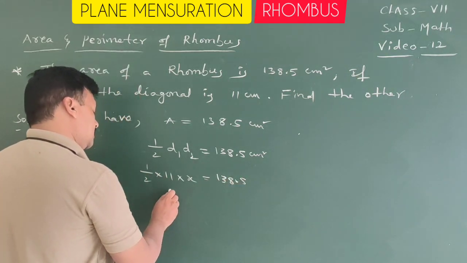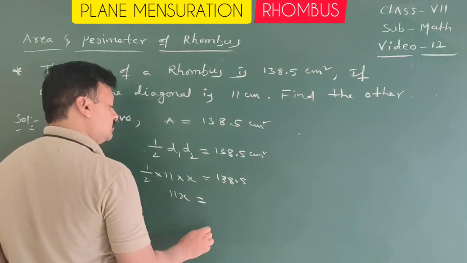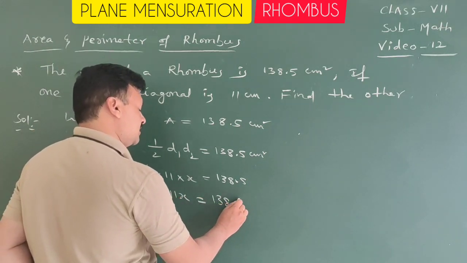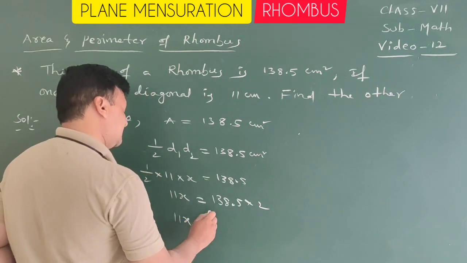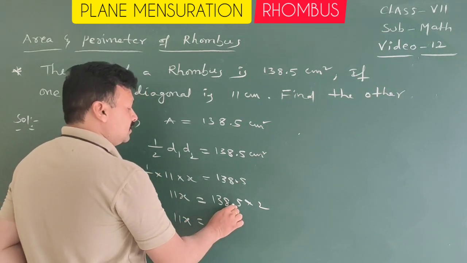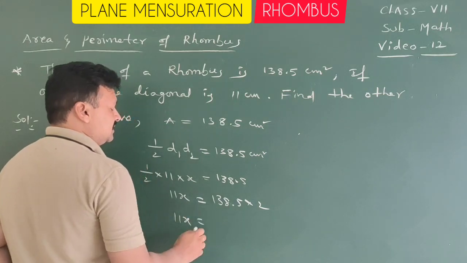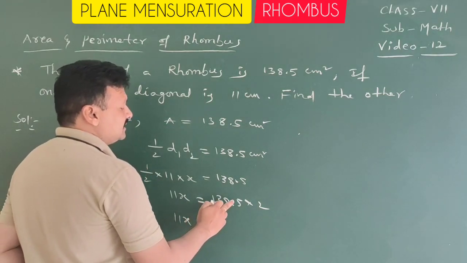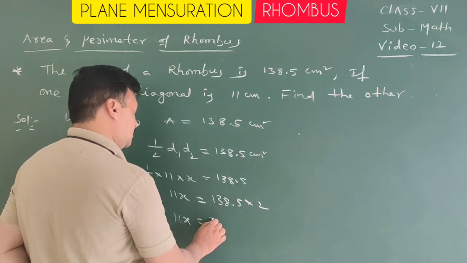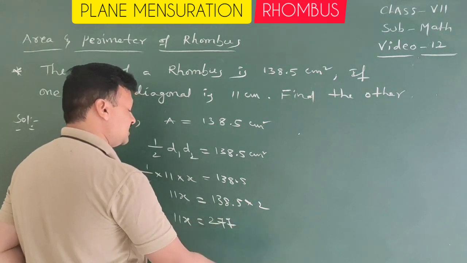So here 11x equals 138.5 into 2. That means 11x equals 277.